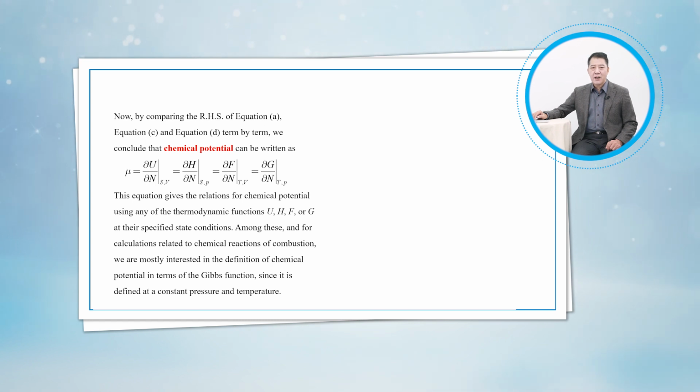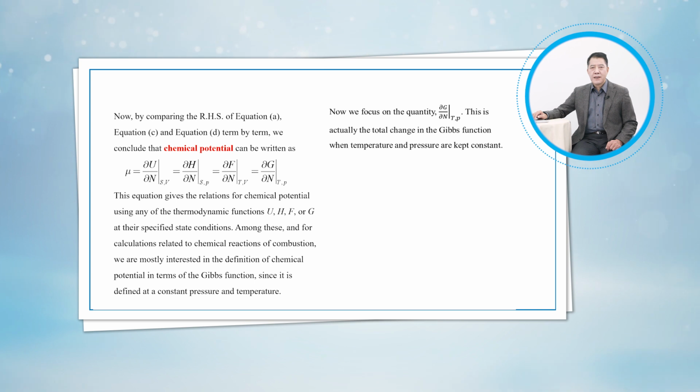Among these, and for calculations related to chemical reactions of combustion, we are mostly interested in the definition of chemical potential in terms of the Gibbs function, since it is defined at a constant pressure and temperature.